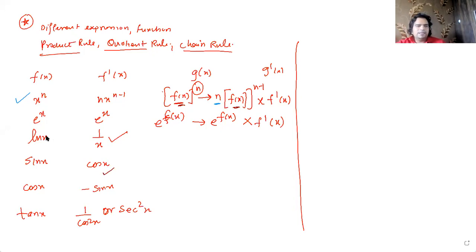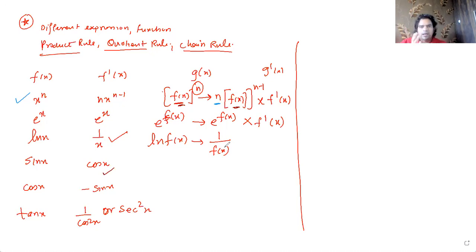Now for the ln x derivative, if x has been replaced by a child function, let's say ln of some function, our derivative will once again be 1 upon f(x). So 1 upon the child function, wherever I have x.